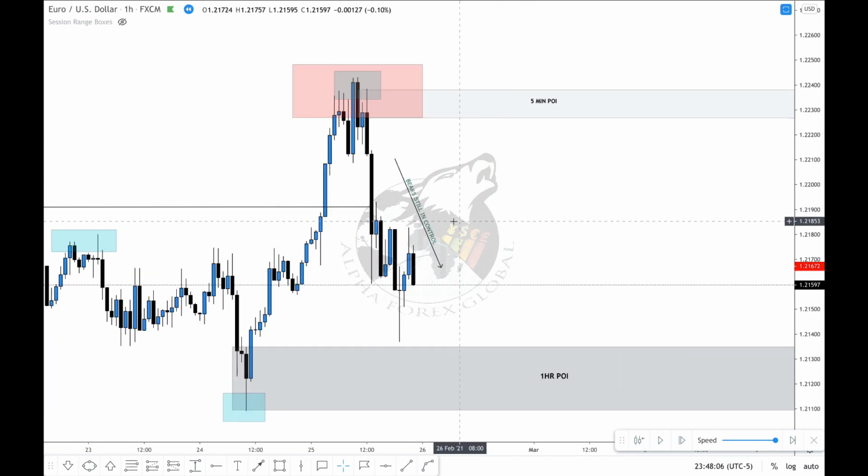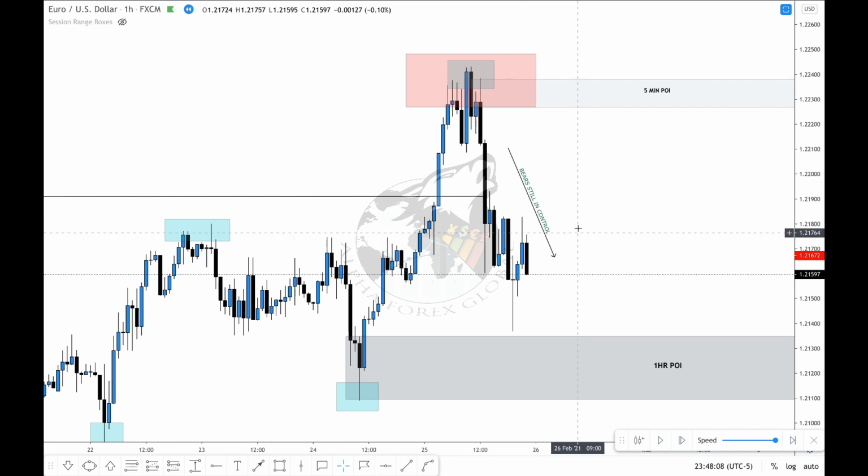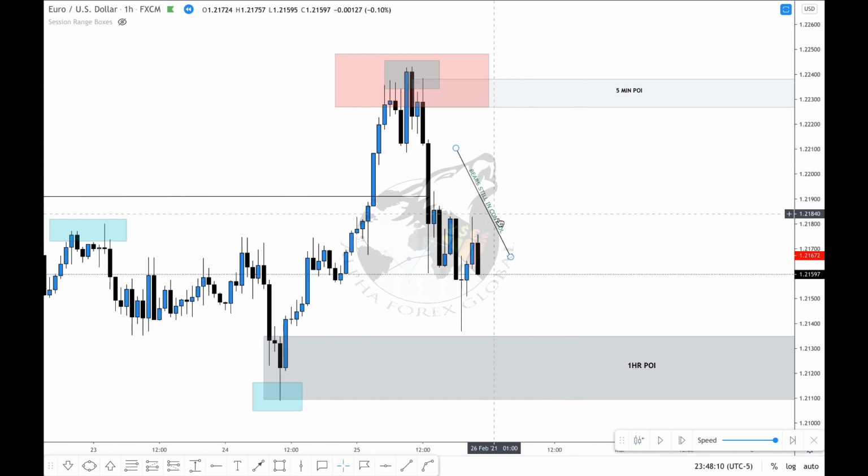So if you guys notice here, I have bears still in control. What this basically reminds me of is: do not trade against the trend. To see what the 1 hour time frame is doing, I normally go down to the 50-minute time frame to see the trend of the 1 hour time frame.